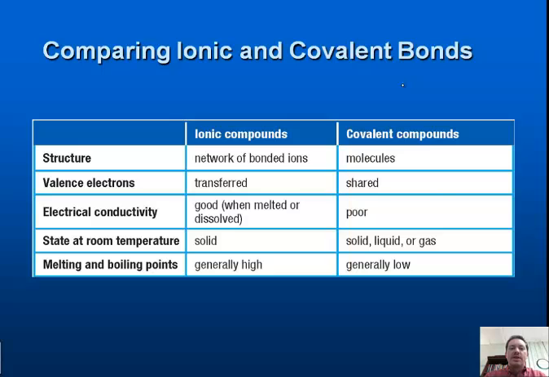At room temperature, ionic compounds tend to be solid, and covalent compounds can be solid, liquid, or gas. Melting and boiling points of ionic compounds are generally high, whereas with covalent compounds they're generally low.